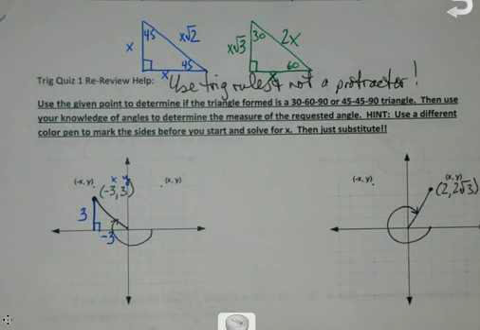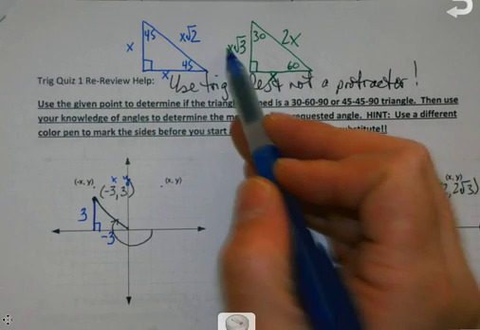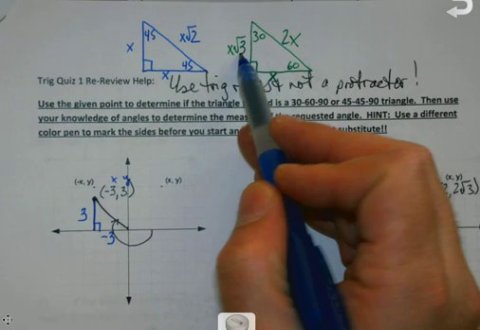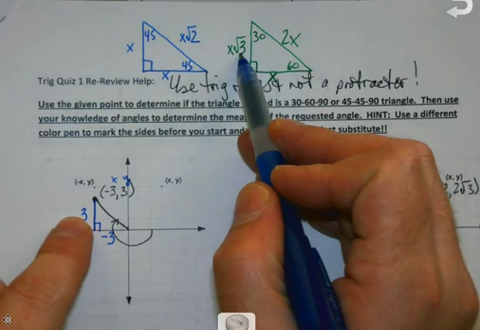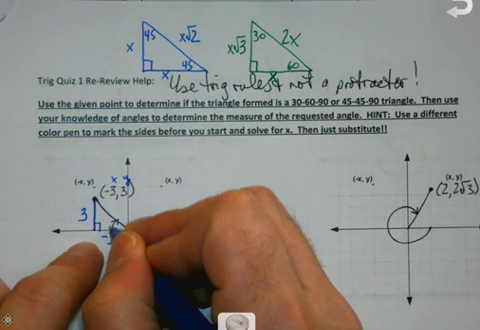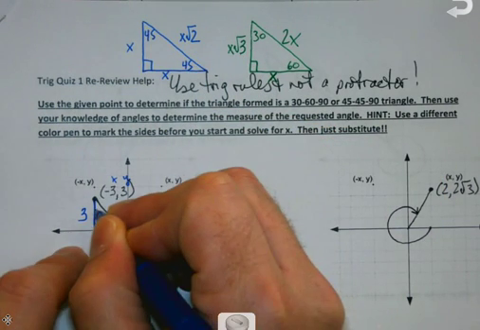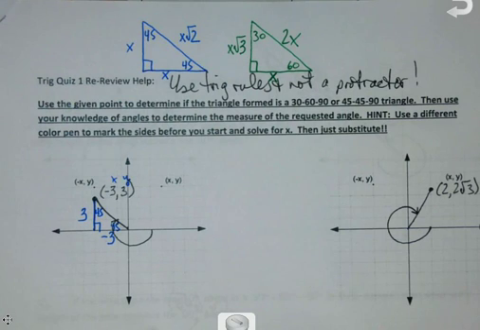So you're like, well, how do I figure out if it's a 45, 45, 90, or 30, 60, 90? Pretty simple. On a 30, 60, 90, one of these two sides would be square root of 3. I don't see any square root of 3, so this is going to be a 45, 45, 90. And actually the rest of this should be pretty simple.